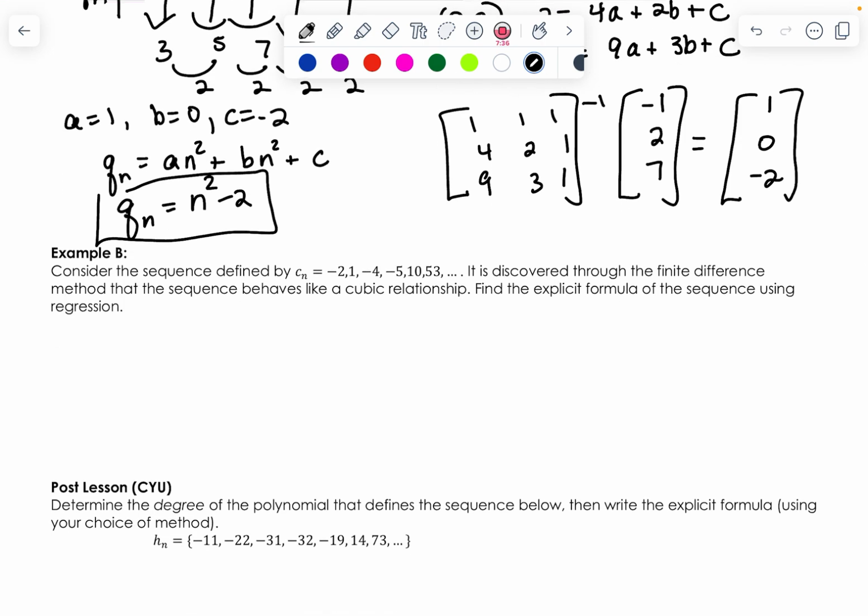All right, so now with this particular one, what we're going to do is the first term is -2, the second term is 1, the third term is -4, the fourth term is -5, the fifth term is 10, and the sixth term is 53. All right, so I'm going to try this here.